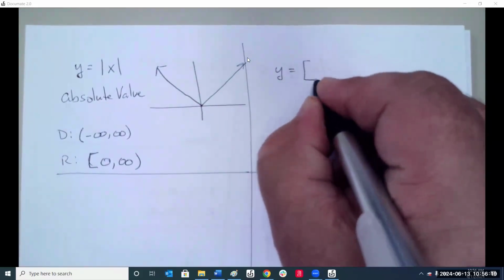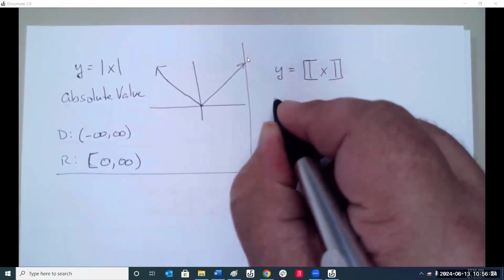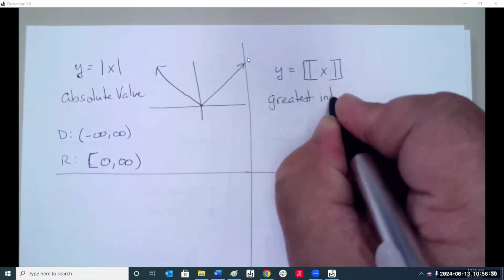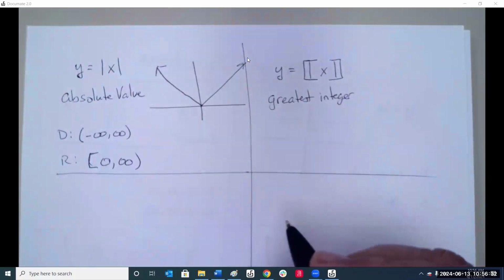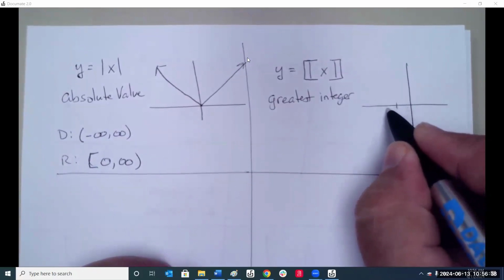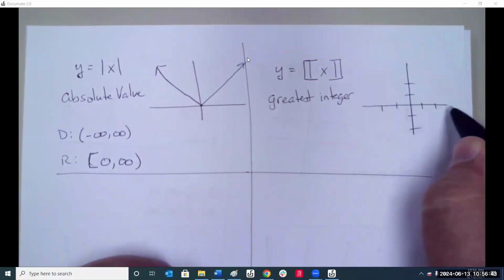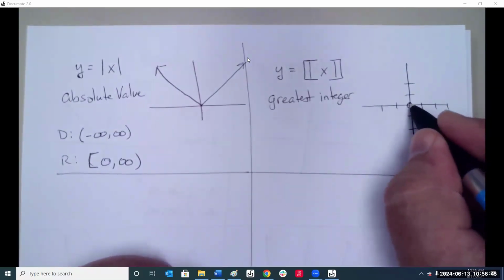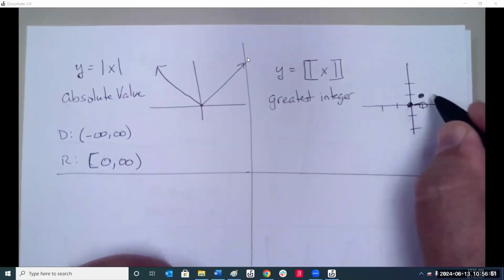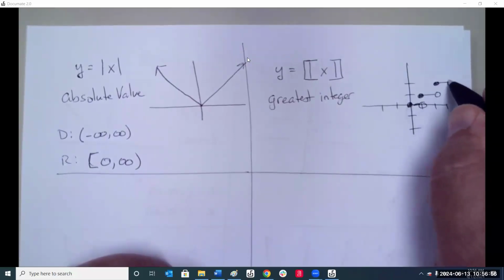We talked about one the other day, the greatest integer function. Remember, this one just truncates, it cuts off any decimals.